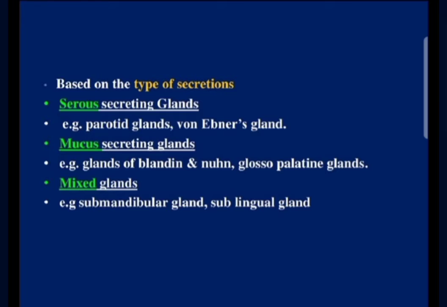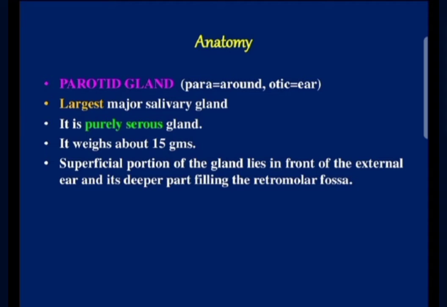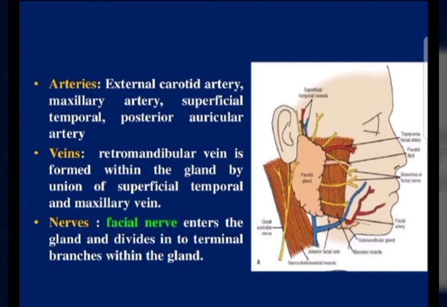The sublingual and submandibular glands are actually mixed glands, but the submandibular is predominantly a serous type of gland, and the sublingual is predominantly a mucus type of gland. You can see this is the parotid gland, lying in front of the auricle or pinna.